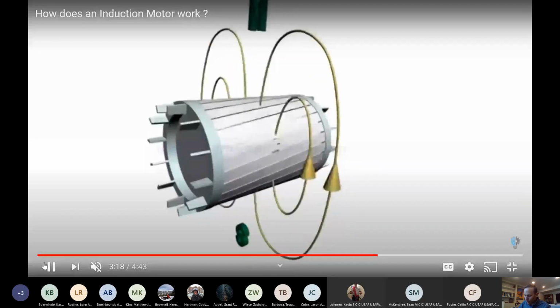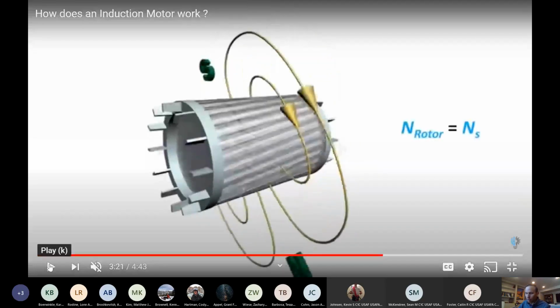So now you have the external magnetic field that's generated by the electricity we're passing to the windings of the motor, and then you have this induced magnetic field inside the rotor. As long as those things are slightly out of sync, or asynchronous, you'll have a torque that results from those magnetic fields being misaligned.